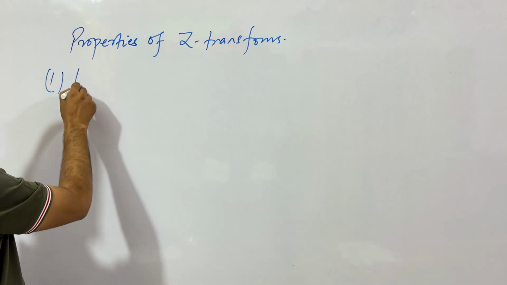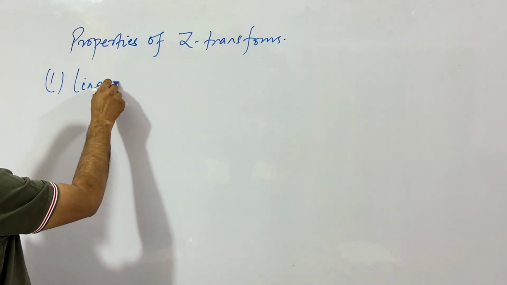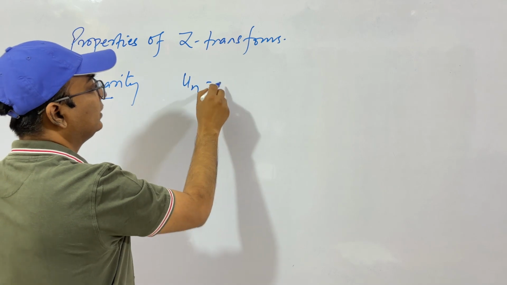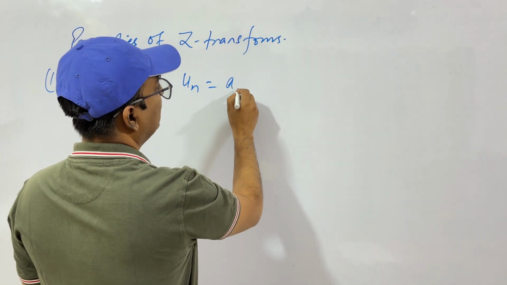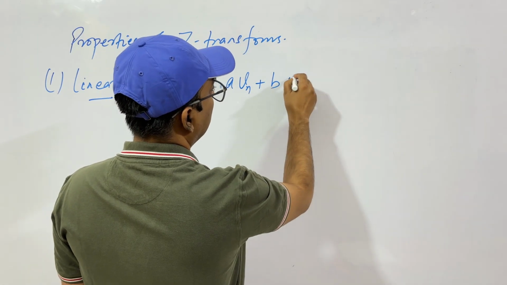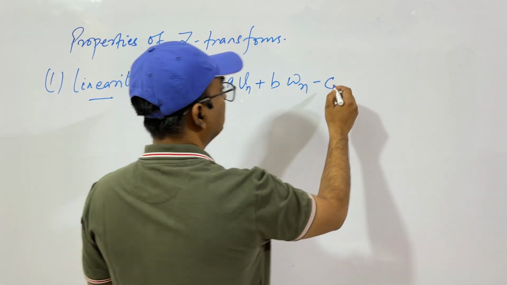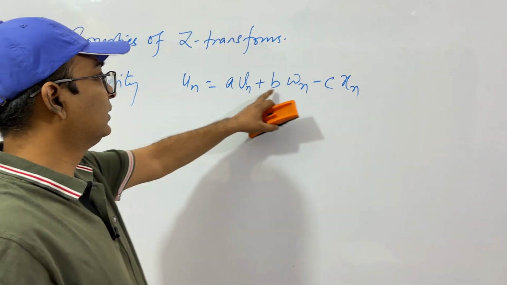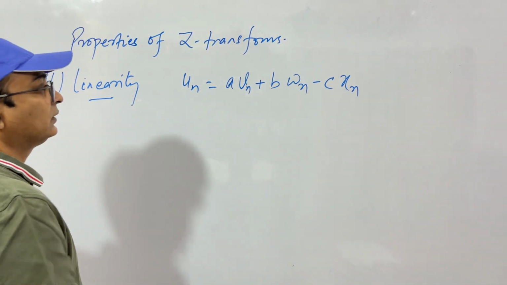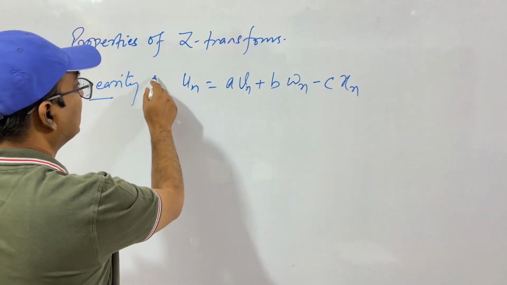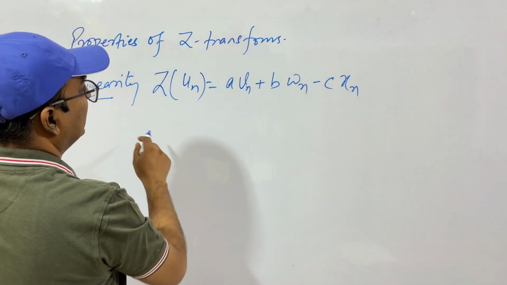Let's say our function is u(n) equal to a v(n) plus b w(n) minus c x(n), where a, b, c are arbitrary scalar constants and these are functions. So this is a combination of these. What will be the Z transform of this function? That we want to know.